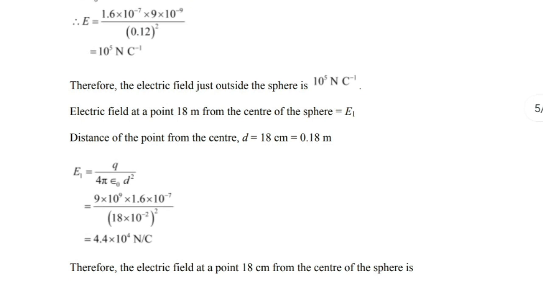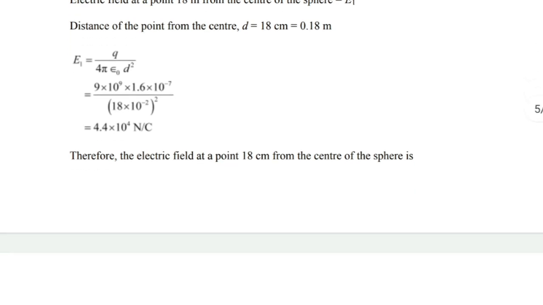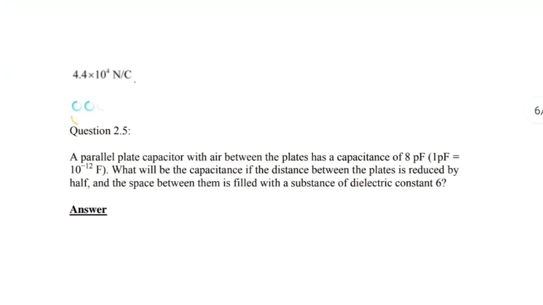Then at a distance of 18 centimeter from the center of the sphere, it is q by 4 pi epsilon 0 d square, because the field behaves as if the whole charge is kept at the center. So by using that equation, you can calculate that electric field. That is just like a previous chapter problem.